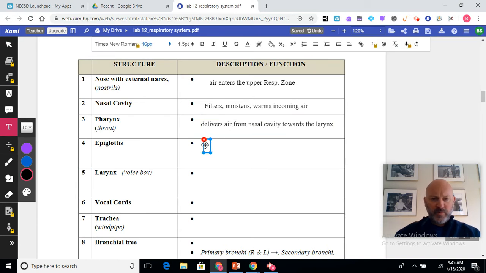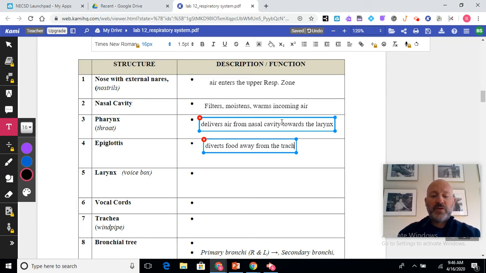And of course, a very important structure is the epiglottis. The epiglottis diverts food away from the trachea and toward the esophagus.